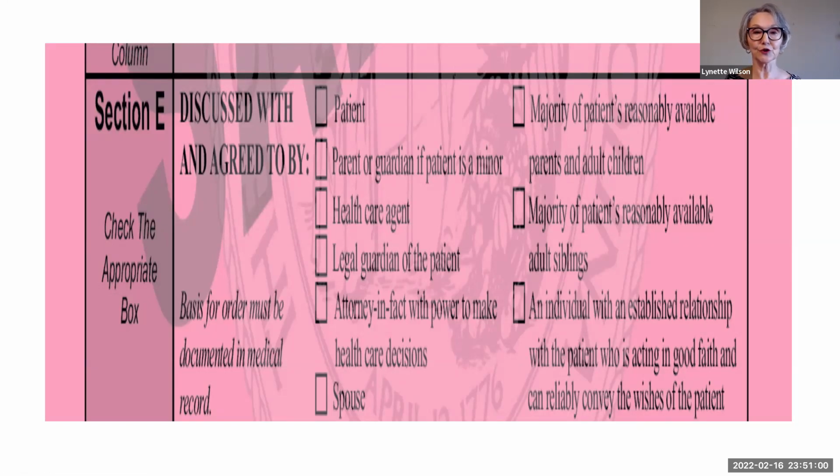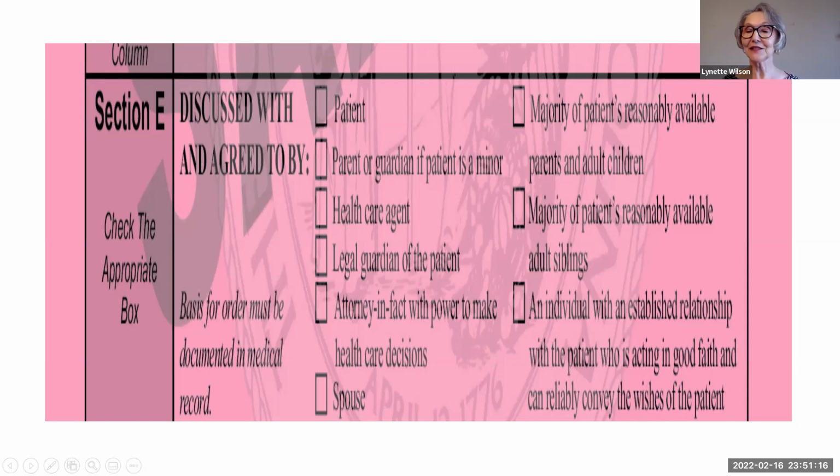Obviously, the patient's the first choice. The parent or guardian, if the patient is a minor, that healthcare agent, healthcare power of attorney, a legal guardian of the patient, and then it goes down the line.